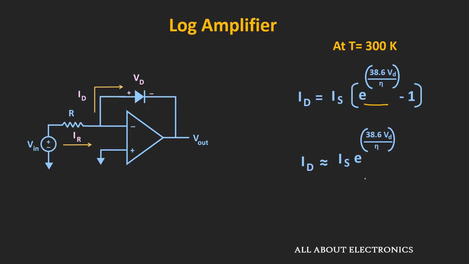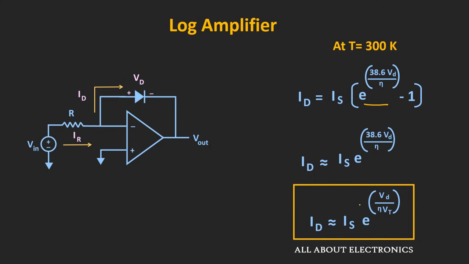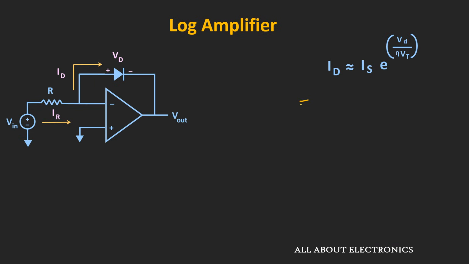And in general, at any temperature, we can write this expression as ID is equal to Is times e to the power of Vd divided by eta Vt. Now from this we can say that ID divided by Is is equal to e to the power of Vd divided by eta Vt.